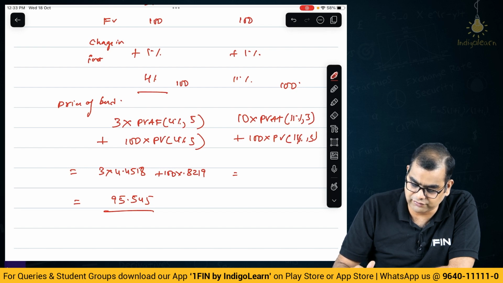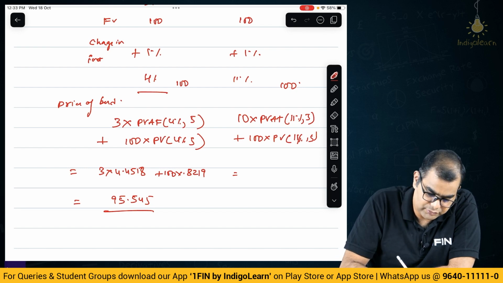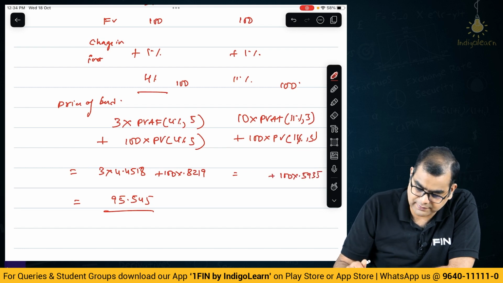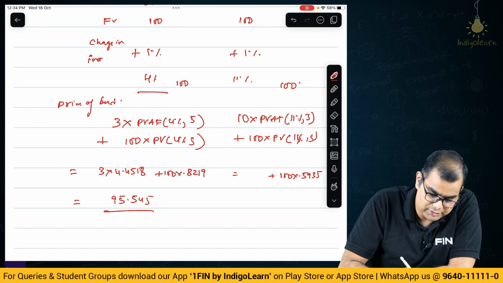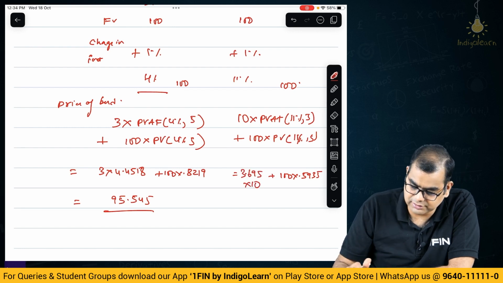1, 2, 3, 4, 5. So this will be 100 into 0.5935 plus 3.695 into 10, plus 59.35.